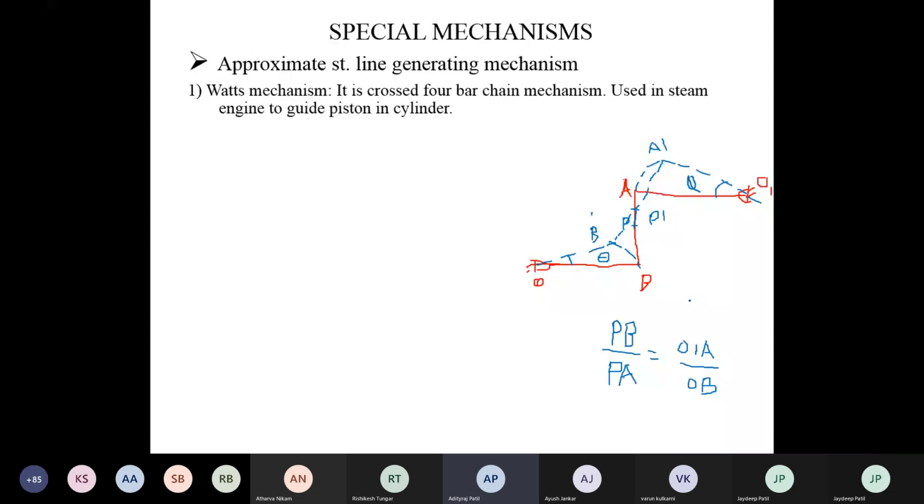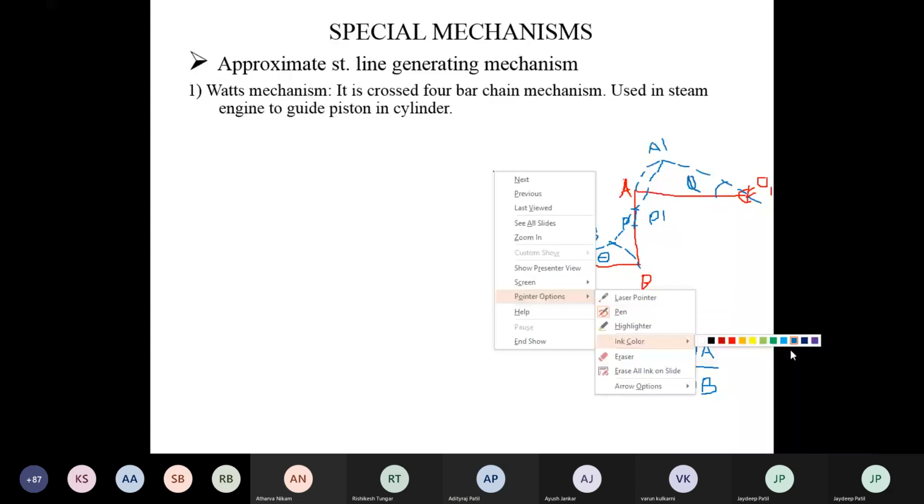Again, the new position of the mechanism is OB dash A dash O1. That time your P changes its position to P dash. Now if you want to find the ICR of this link, you will get the position of the ICR here.